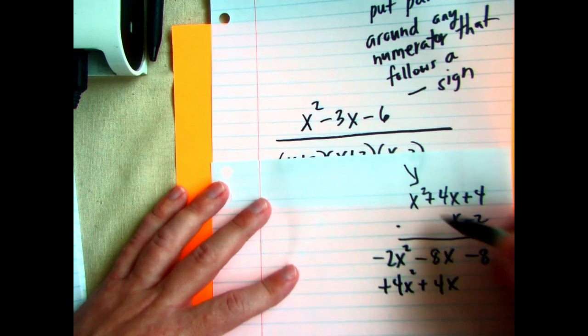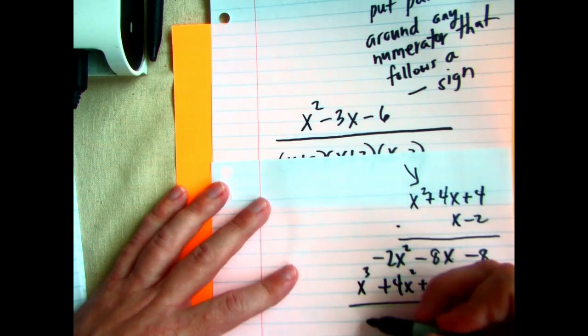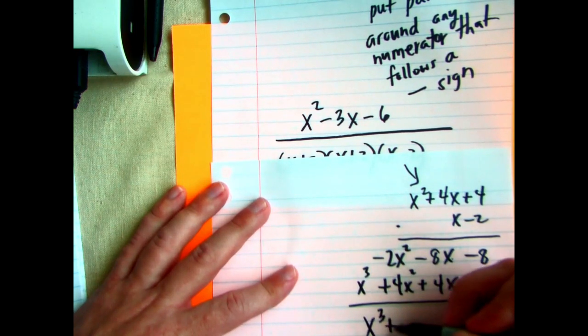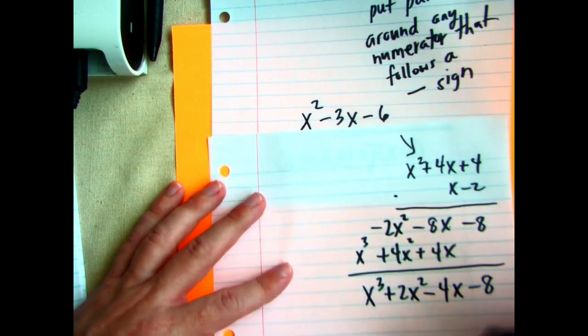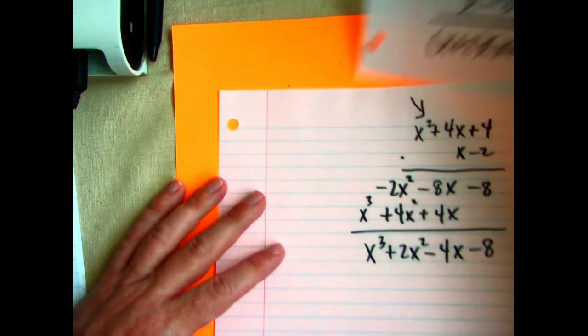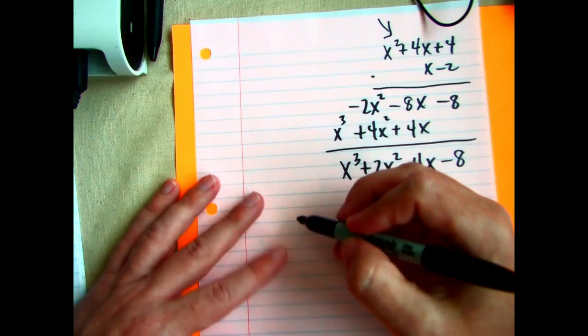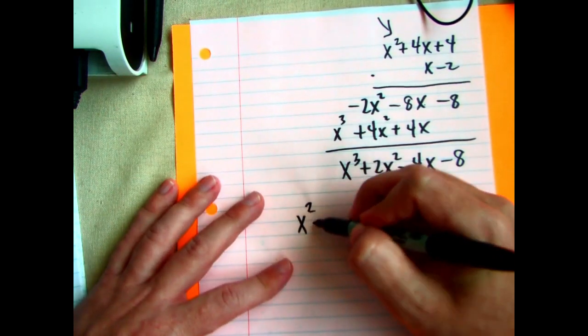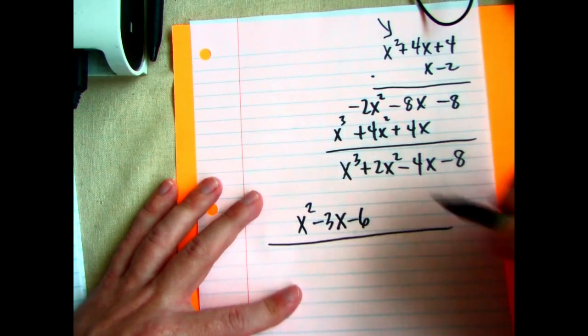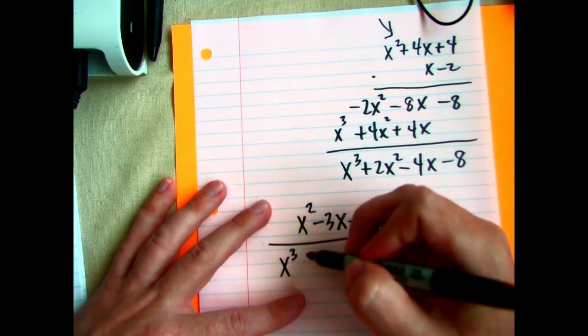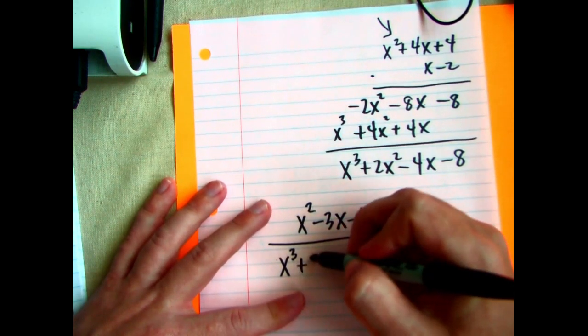So we should be able to do this. We'll end up with a degree 3 polynomial, x cubed plus 2x squared minus 4x minus 8. So that is my denominator. When I multiply it all out, that long thing is my denominator.